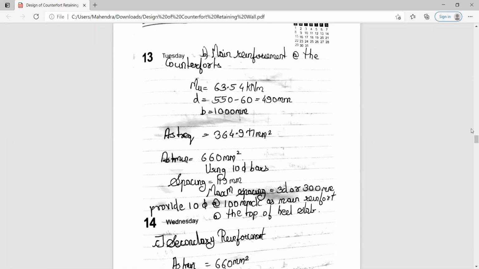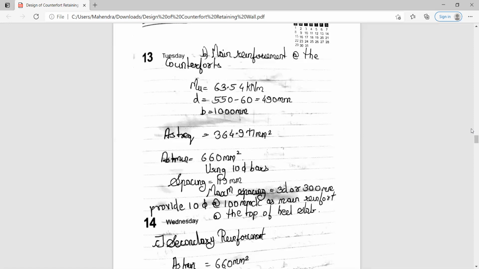Then B is 1000, so for Ast required you will use the same formula, 0.5 fck by fy. Then you will get the value for Ast, that is 364.977 mm square. Then Ast minimum will be the same, that is 0.12% of B into D. So you will get the same value, that is 660 mm square. Then here also you have to use 10 mm diameter bars.